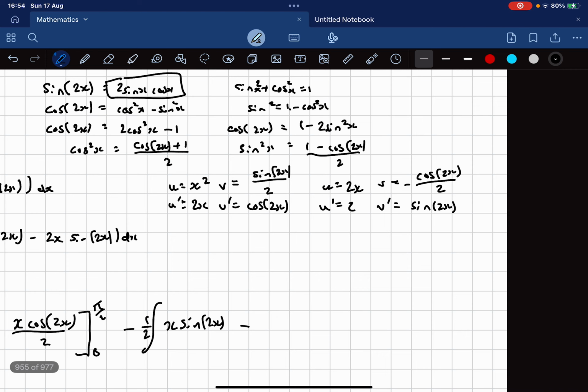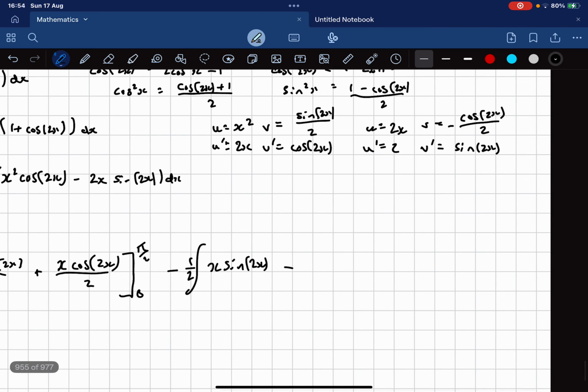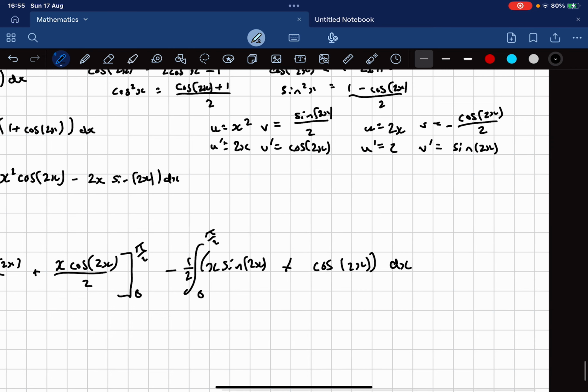Integration by parts gave us this minus here, so I'll leave that. And this minus, so I think it's a positive. Yeah. Positive cos of 2x. Remembering that we multiplied by that 2 from our u prime.